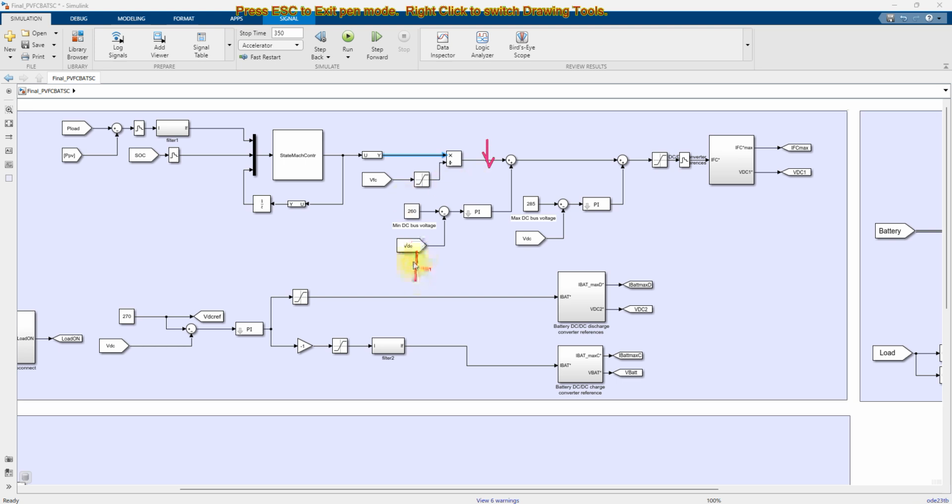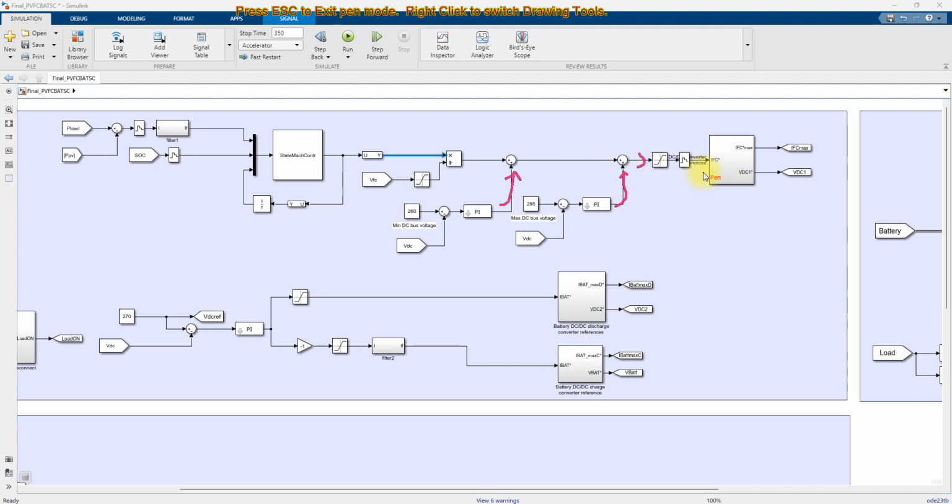Here we have VDC, the DC link voltage, which is compared with the minimum voltage and the maximum voltage and processed via a PI controller. That provides the current requirement for DC link voltage maintenance, which should be maintained around 260 to 285. For that it requires some current, which comes from these two controllers. So finally we have the required reference current.